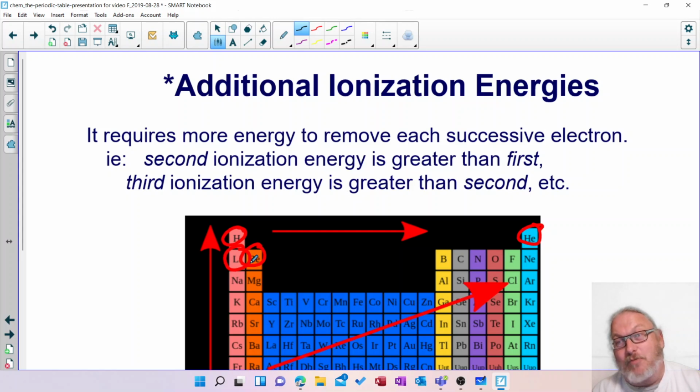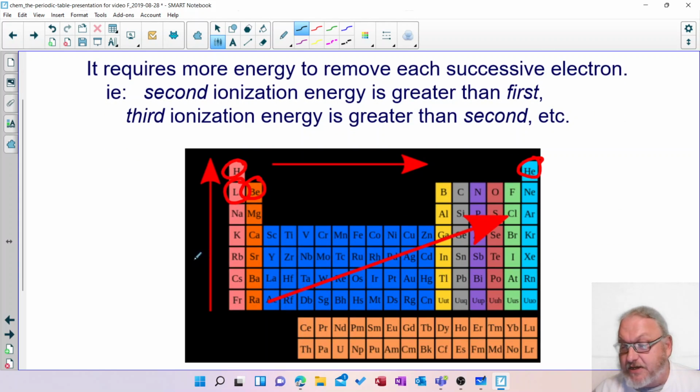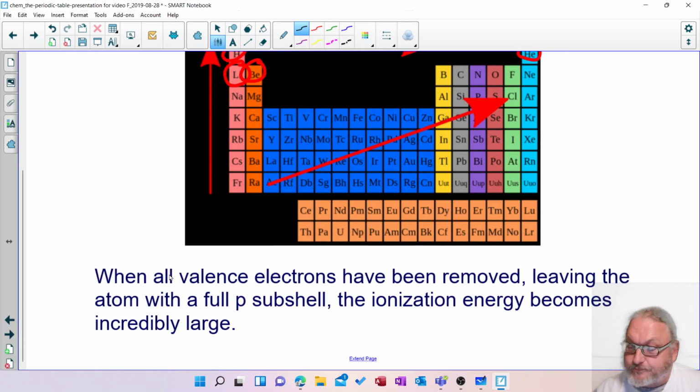So there's a lot more force pulling those valence electrons, a lot more positive force. And for the second to the third ionization energy, it's going to take even more. There are 2 electrons left. There are 4 protons pulling them in. It's going to take a lot of energy to pull that out.